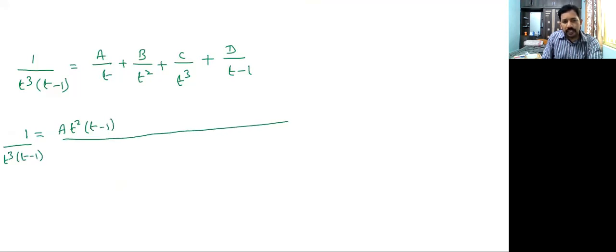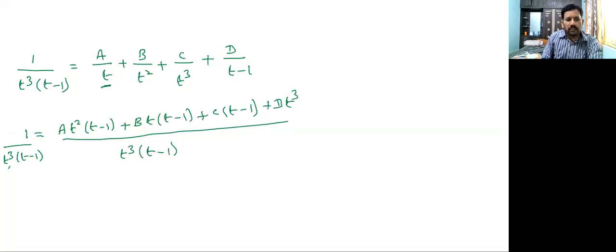The right hand side LCM is t^3 (t − 1). Here only t is there, that's why we get A t^2 (t − 1) plus B t (t − 1) plus C (t − 1) plus D t^3. Students, I think all of you understood how we are taking the LCM.